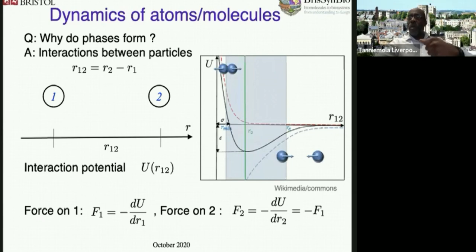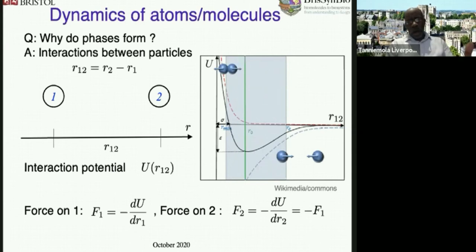I can't put one hand where the other hand is. Essentially the same thing is happening for our atoms or molecules. So we've got this repulsive force at short distances and they don't interact at large distances. It's what happens in between that is really important, and that's what determines what phases form and under what conditions.